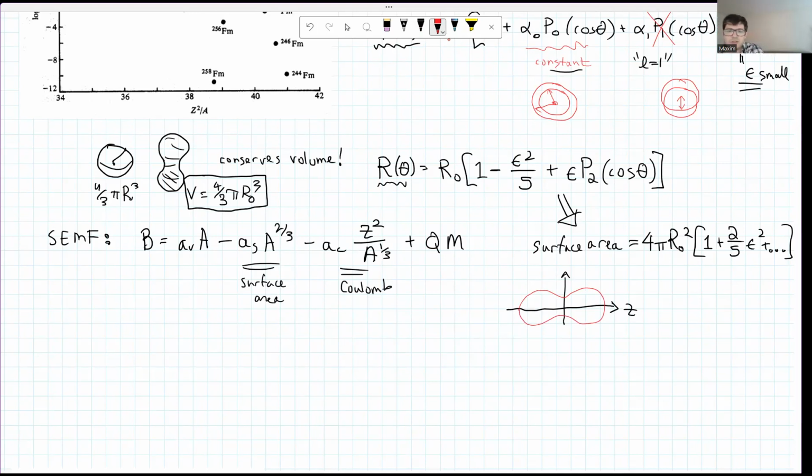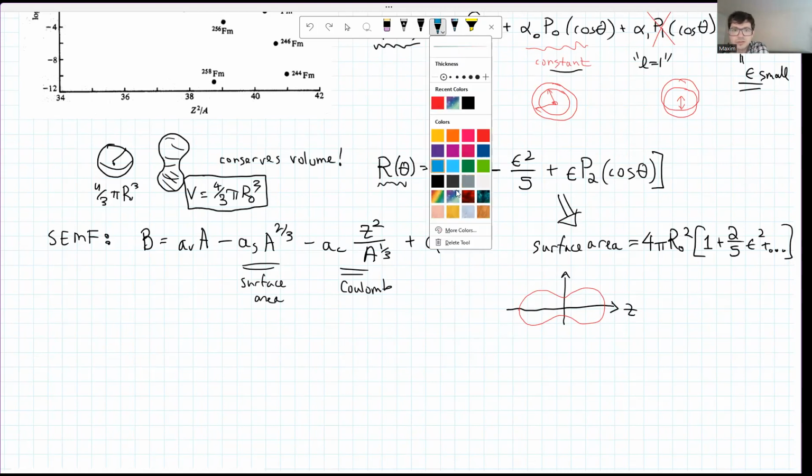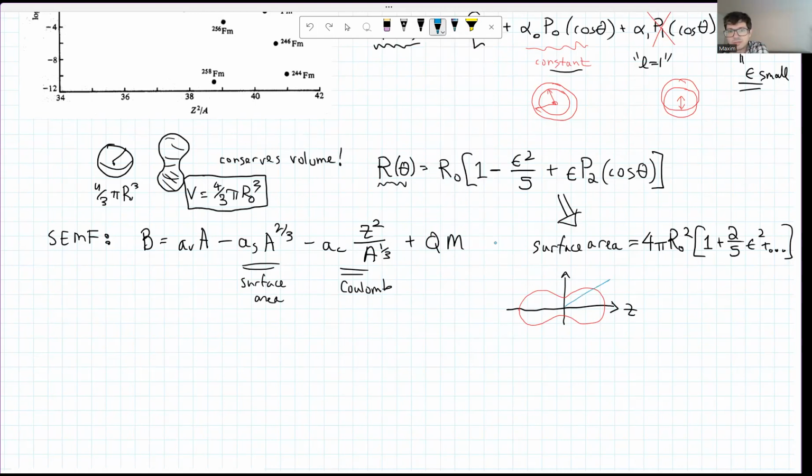And we know that the polar angle is sort of like this. The polar angle is right here.